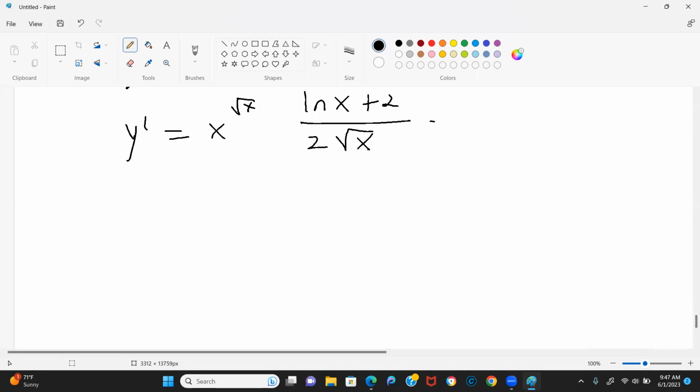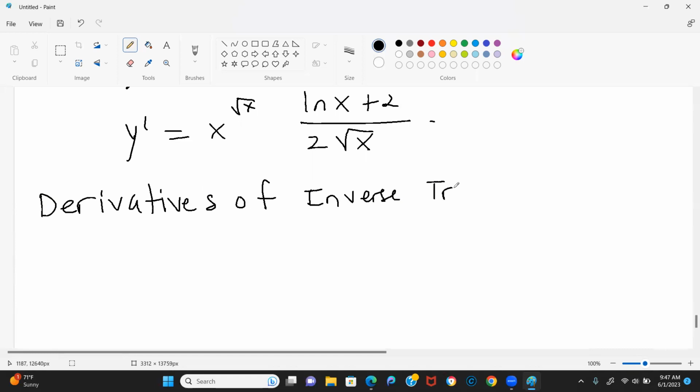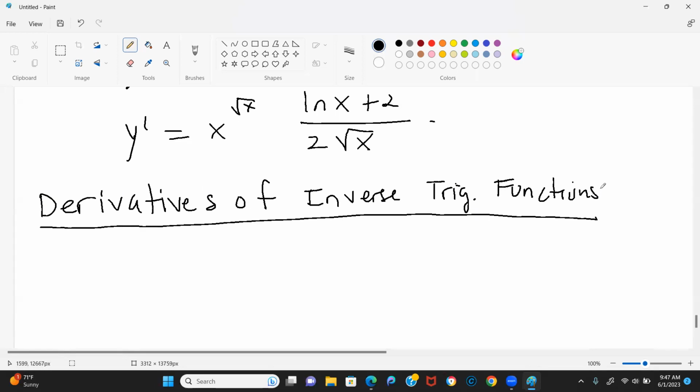All right, so let's call this a subsection of the same section: derivatives of inverse trig functions.